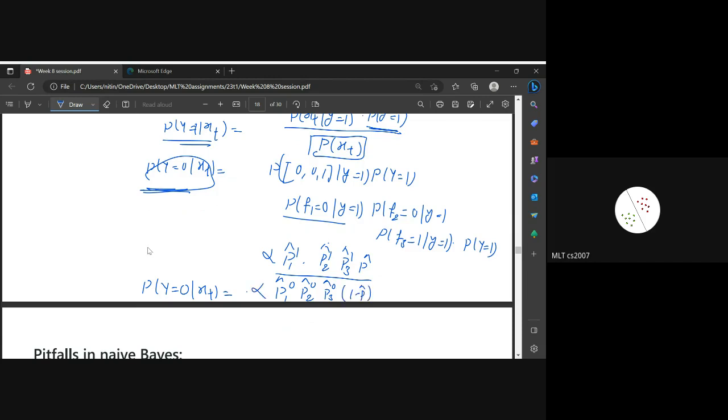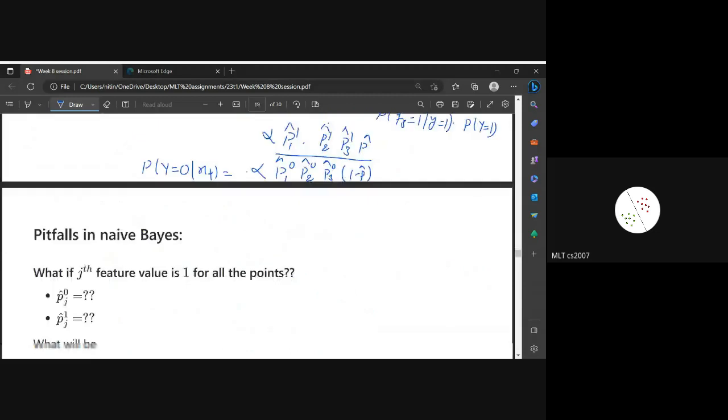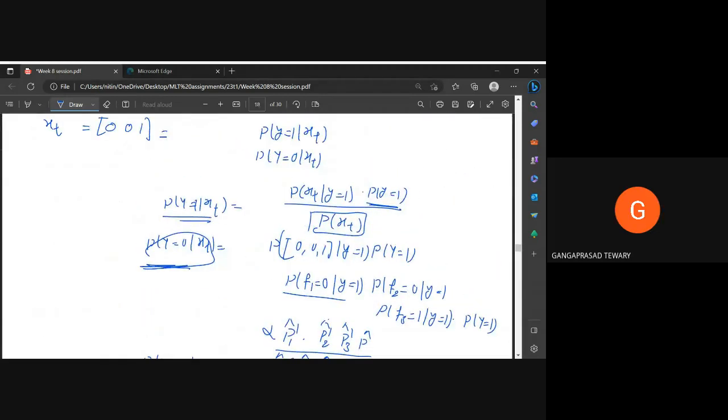You have these values, you just compare them, and the higher probability will be assigned the label. So we are saying approximate value because we are not taking the denominator part, probability of xt, right? Yes.